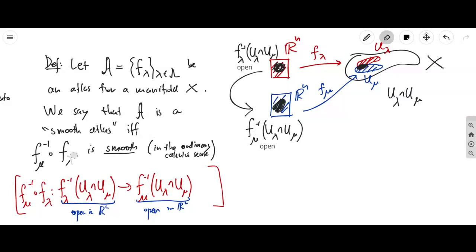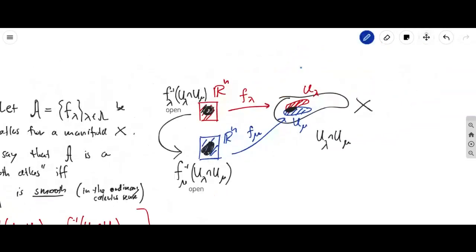Maybe this will make it easier for you. The space that we're working in is an abstract space. You cannot necessarily visualize it in any kind of way.